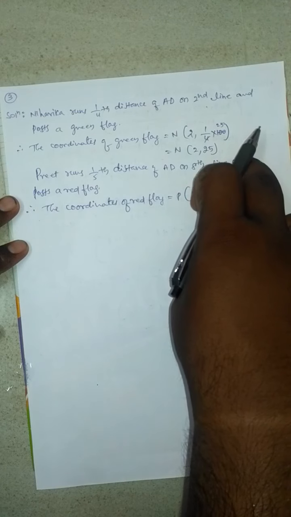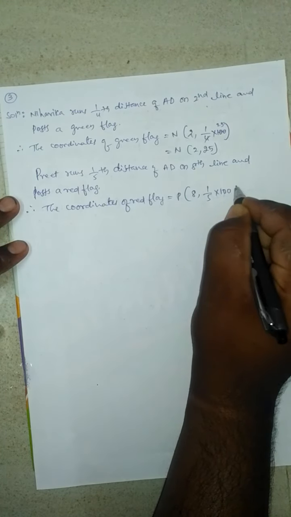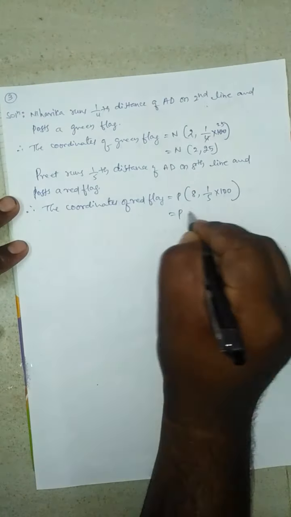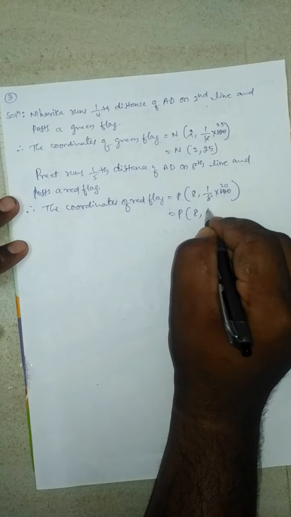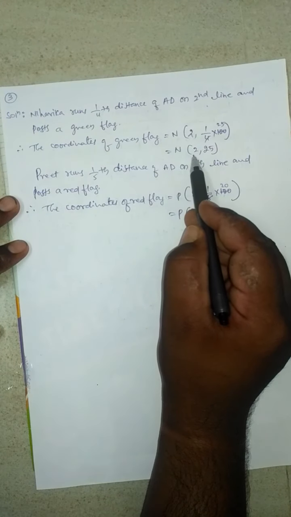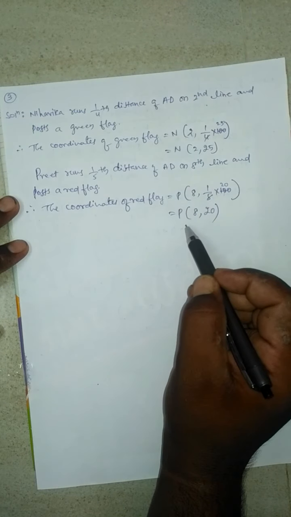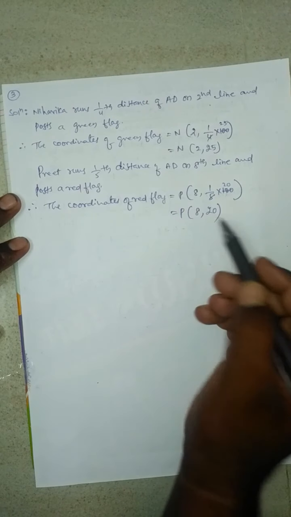AD distance is 100 meter. So here we have to take 1/5 of 100 meter. So this is Preet coordinate is 8, 5 1s are 5, 20s are. So this is 8, 20. This is the coordinate of Niharika, where she is going to post green flag, and this is the coordinate of Preet, where he is going to post red flag.